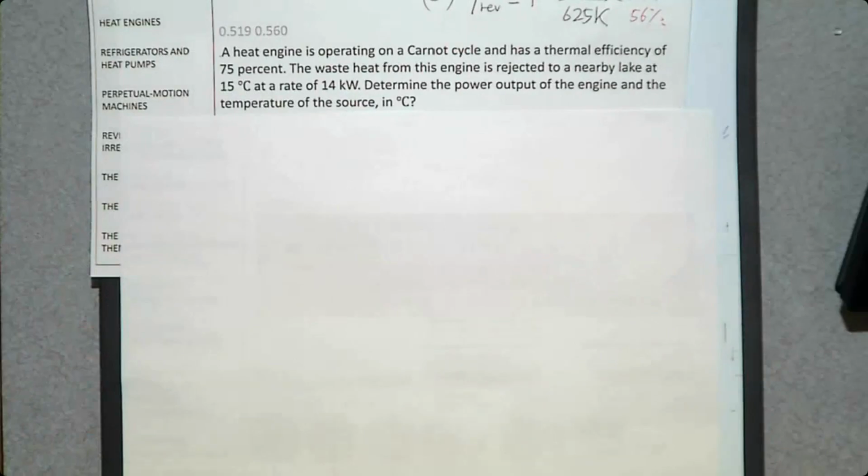If you assume that every process in the heat engine is completely reversible, then you can achieve that value. In reality, the actual efficiency should be less than that, right? The waste heat from this heat engine is rejected to a nearby lake at 15 degrees Celsius at the rate of 14 kilowatts. Determine the power output of the engine and the temperature of the source.